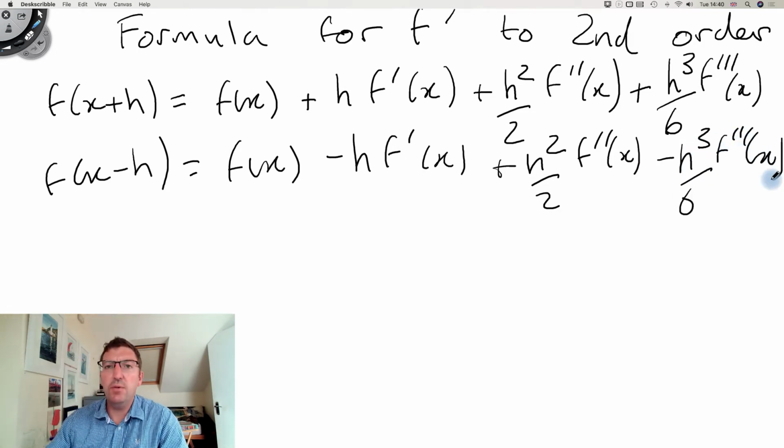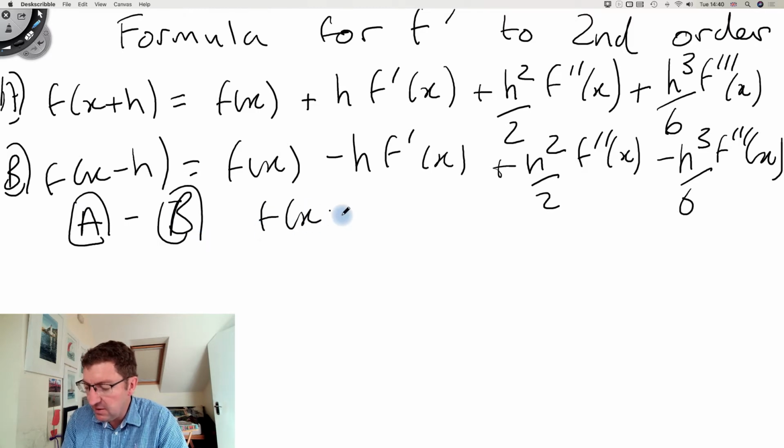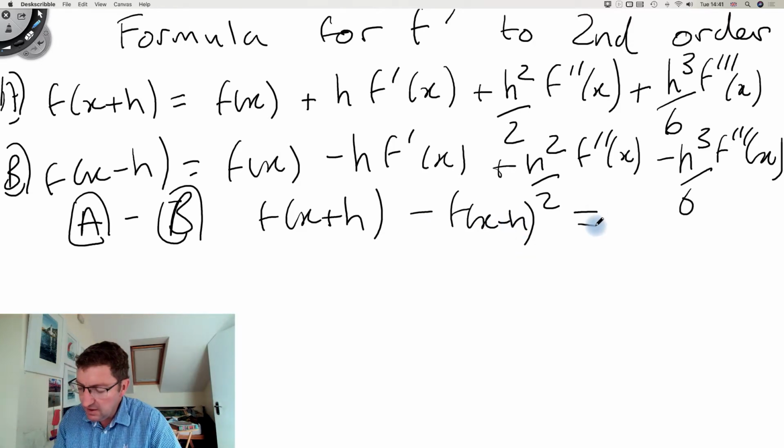And then we want to get the f prime term. To retain the f prime term, if we had the choice between adding and subtracting these two equations, we would subtract the two equations. So we call that a and call that b. We then do a minus b, and that gives us f of x plus h minus f of x minus h equals, and I'm going to write it down here.